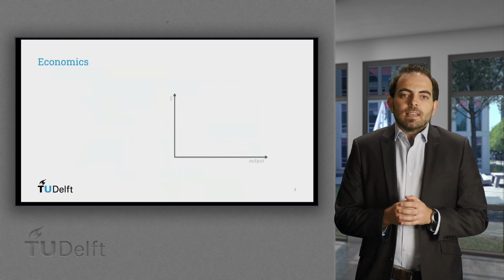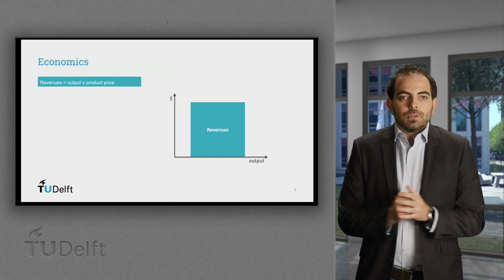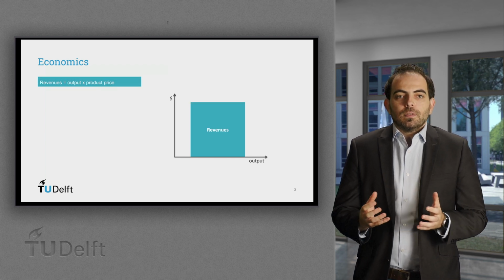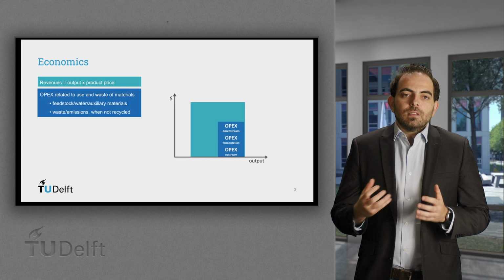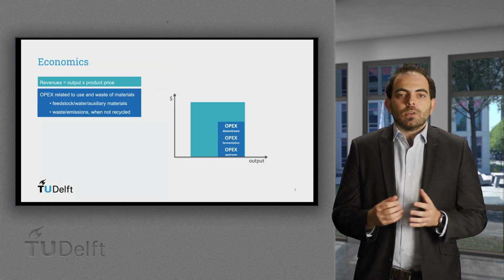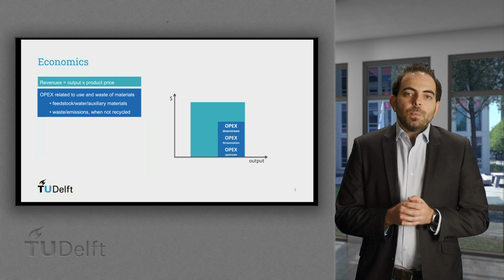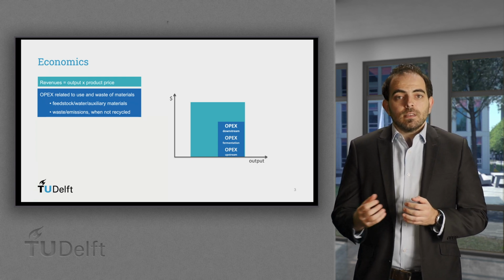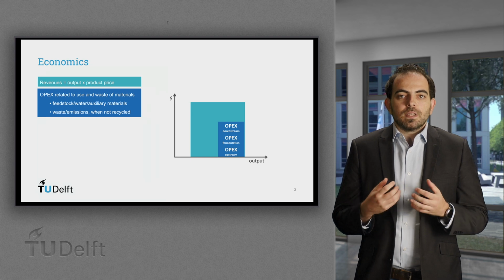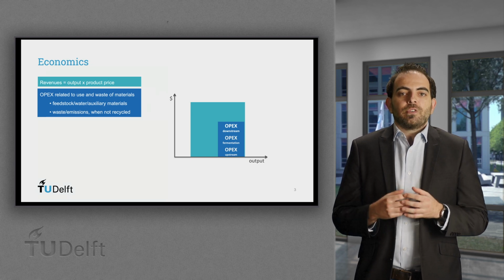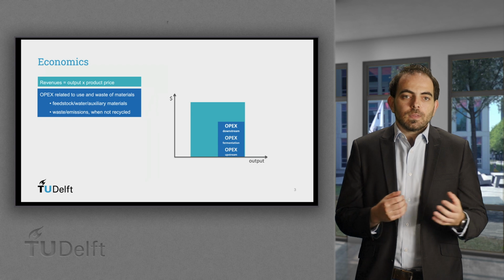Industrial processes are set up to sell products and earn money, of course, and there are also costs involved. Operational expenditures, or OPEX, are related to the use of materials and energy, such as feedstock and auxiliaries. OPEX are also associated with waste and emissions that arise when feedstock are not fully converted into final product or recycled.